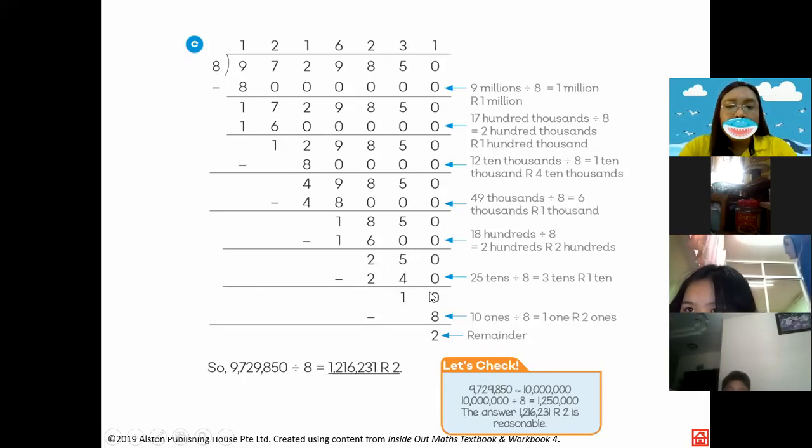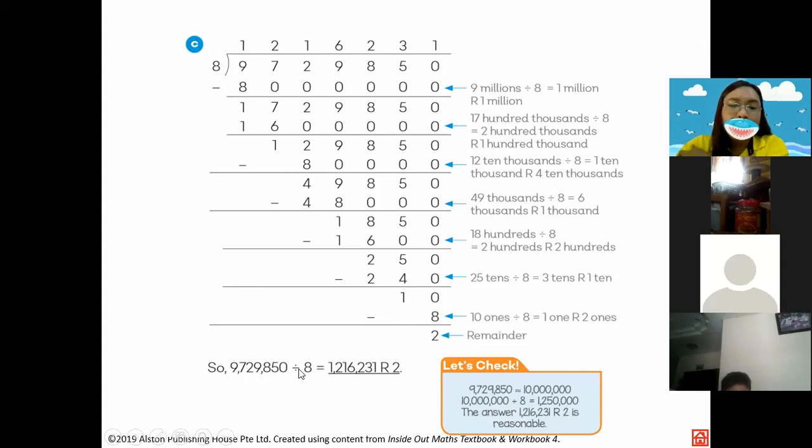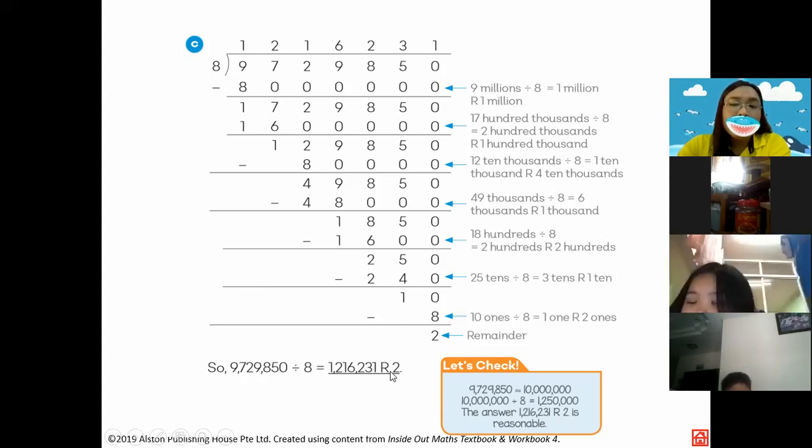Bring down a 0. So 10 divided by 8, that's 1. 1 multiplied by 8, that's 8. And 10 minus 8, that's 2. So the answer for this problem is 1,216,231 plus the remainder 2.